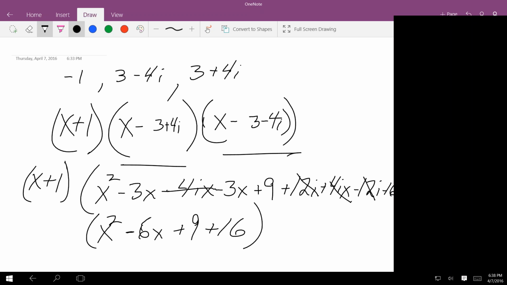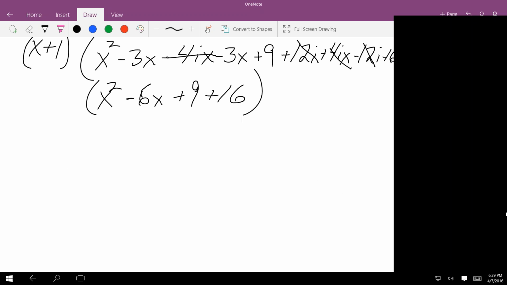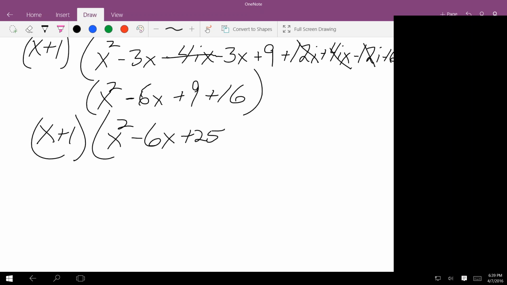Hold on a minute. Let me scroll down a little bit. Now we have x plus 1 times x squared minus 6x plus 25. So one more multiplication and we have our cubic polynomial. So what is it?